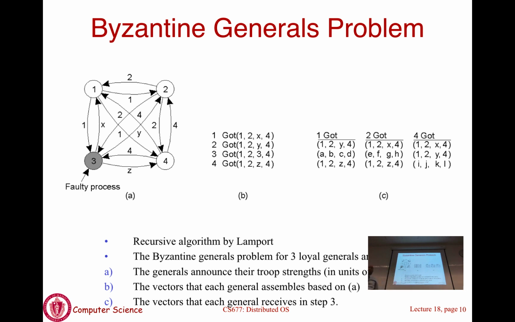If you compare the messages, you will see that 2 out of the 3 will agree on what they received. The third one, which is essentially this column and this row, will not agree. They could be arbitrarily different, and if they are different, the traitor will be found out, because one will say 3 sent me 10, and the other will say 3 sent me 20.